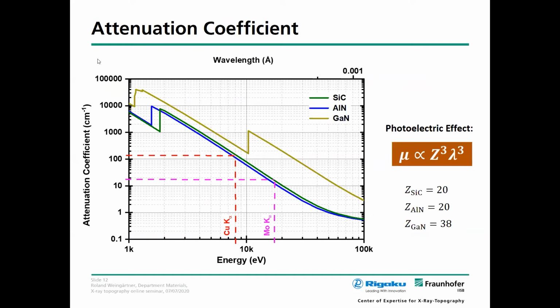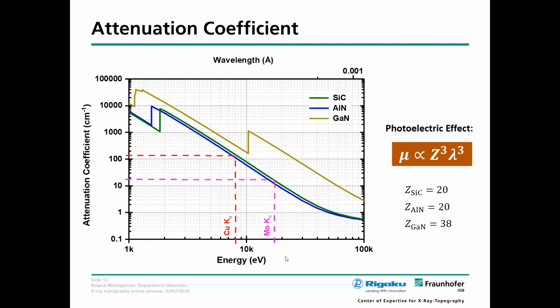So what you can see is attenuation coefficient versus energy for 3 examples here, namely low electron density materials like silicon carbide and aluminum nitride, and also a high electron density material like gallium nitride. Please note that the difference here is a factor 10 in the attenuation coefficient between these 2 different anodes.